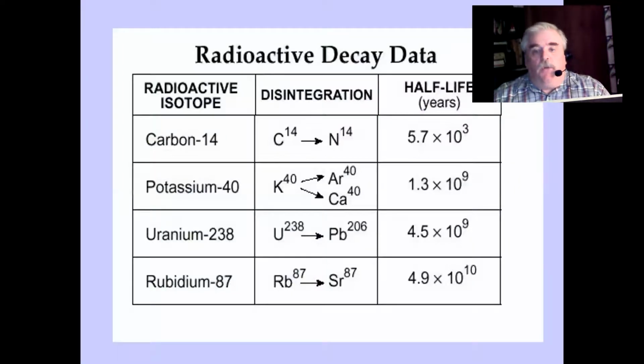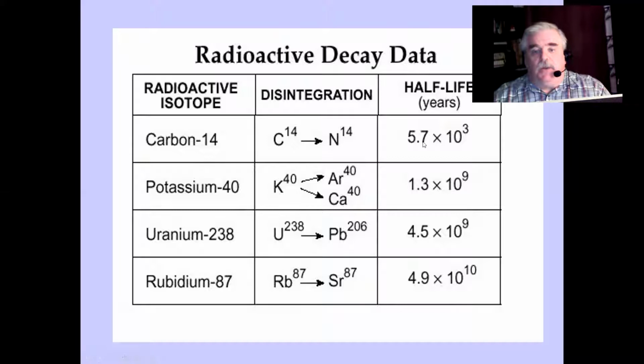So first of all, you have your earth science reference tables, and it gives you the radioisotope here. And then you have what it disintegrates into. Remember, this is the parent isotope, the carbon 14. This is the daughter product, the nitrogen 14, and that breaks down in one half-life of 5,700 years.